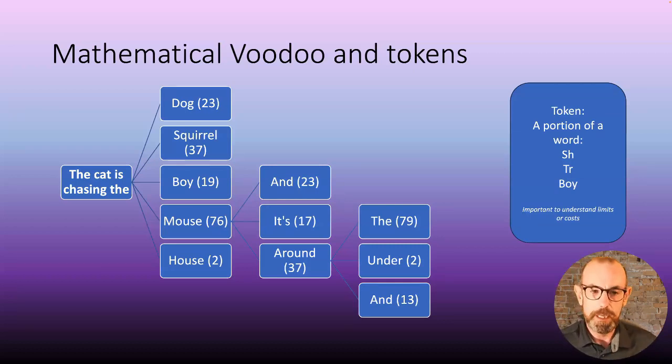What ChatGPT is doing is effectively a similar thing. It's using a mathematical model based on past experience to determine what the next most likely thing is in its response to your question.